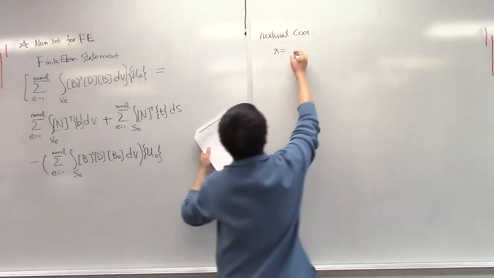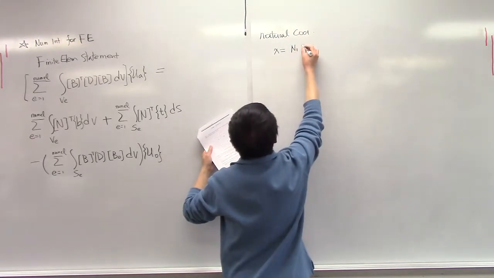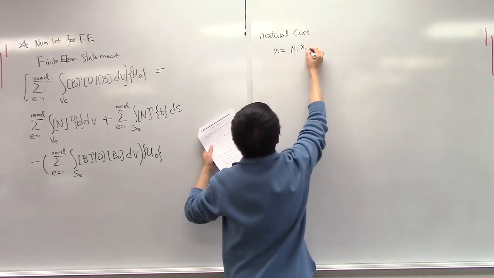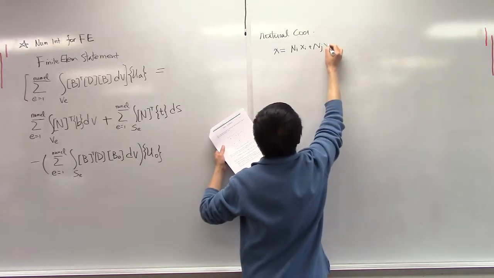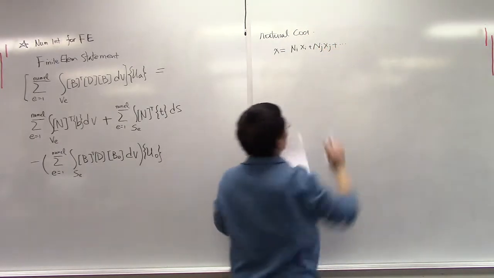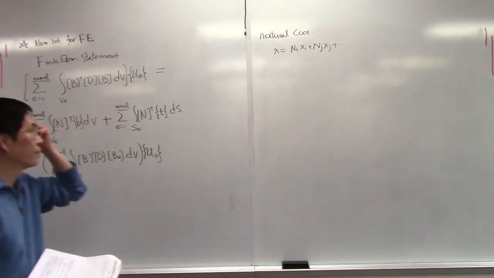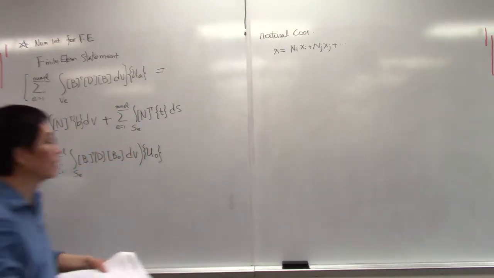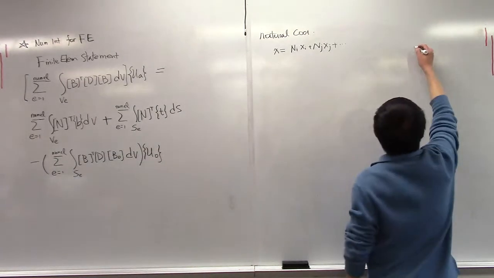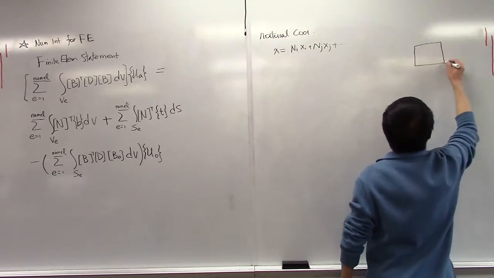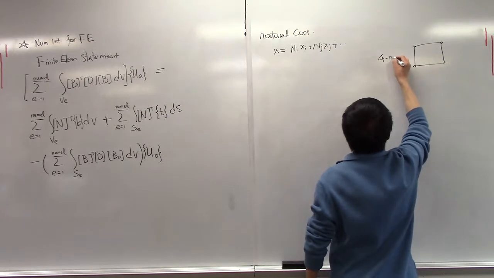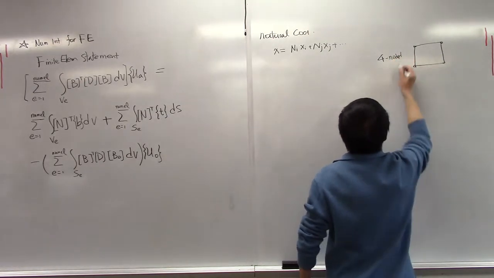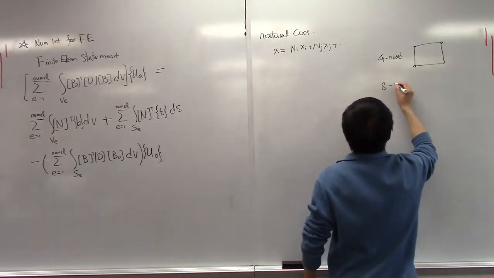So this becomes N1 x1, Nj xj, etc. Okay, depending on the number of nodes we use. This is the 4-noded element. We can also use 8-noded.